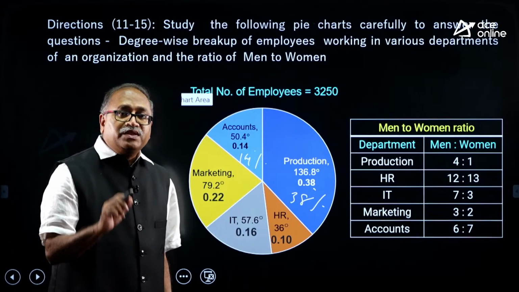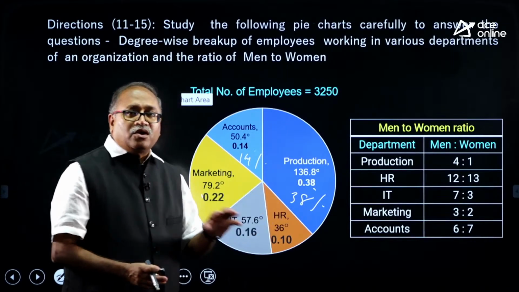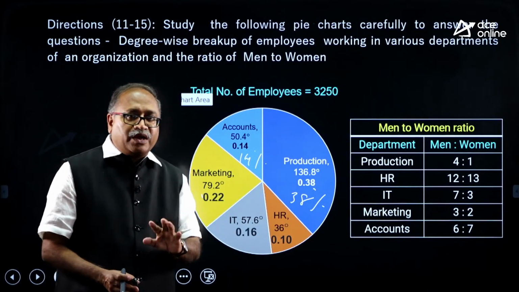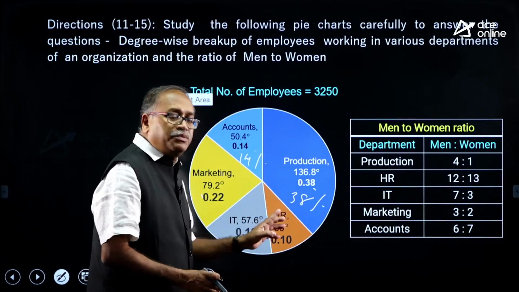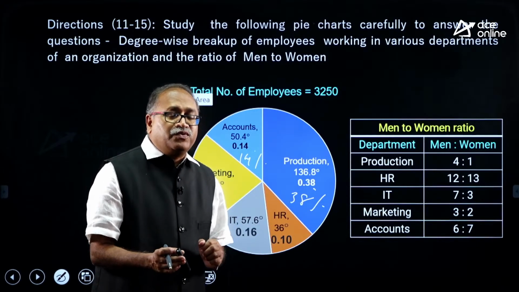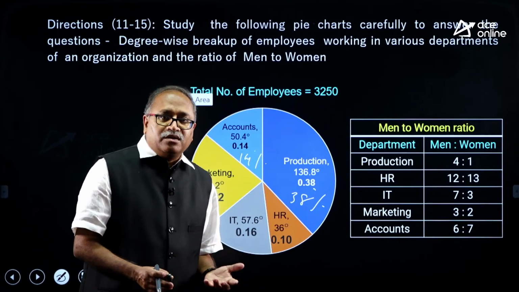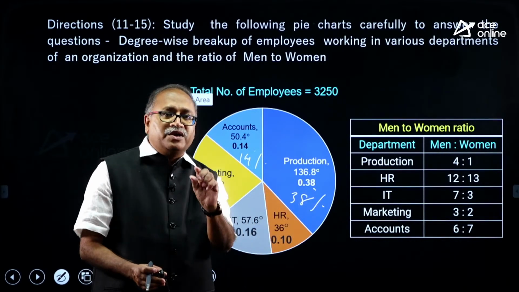There are two options you can do. Either immediately you work out all the 4 or 5 departments and convert them into percentage, so you do not need to do the calculation at the time of the question, or as the question comes, you can use that particular calculation for that particular figure.